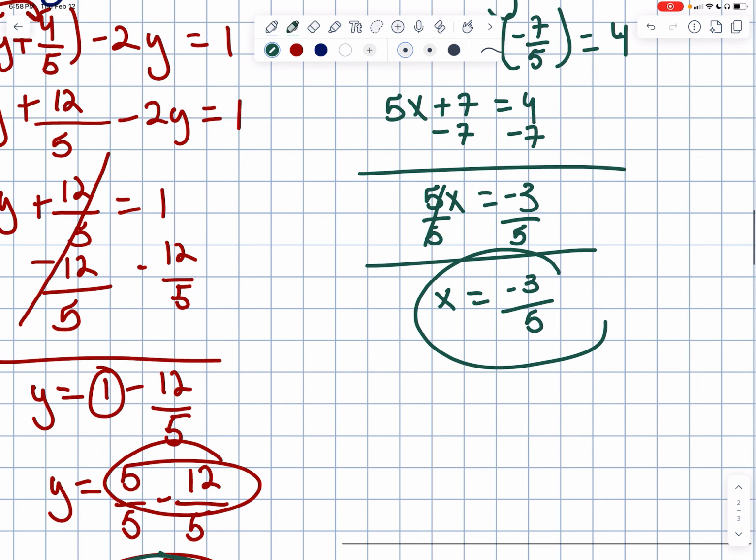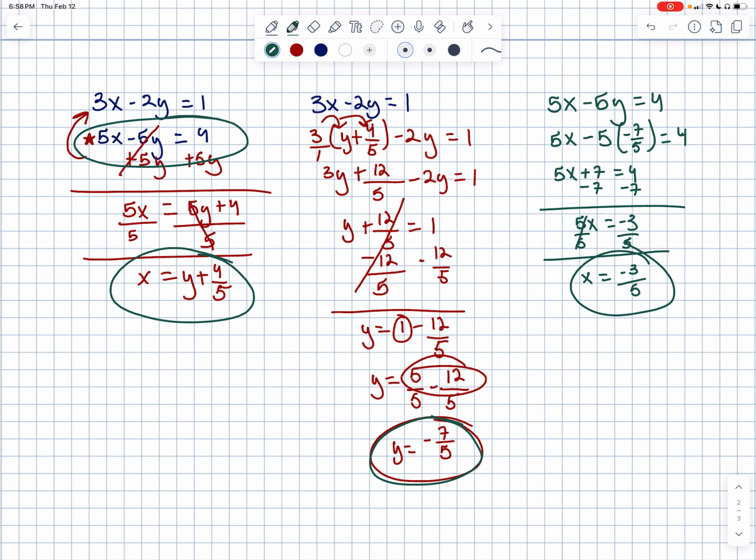So we got our x and we got our y. This is our x and this is our y.